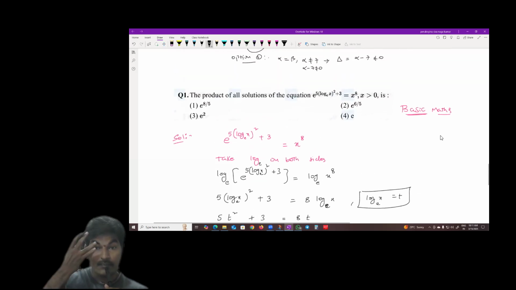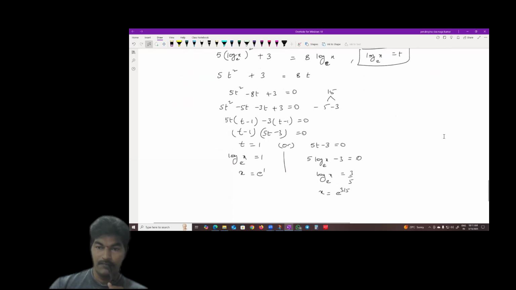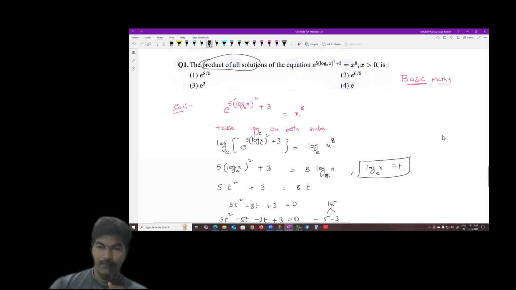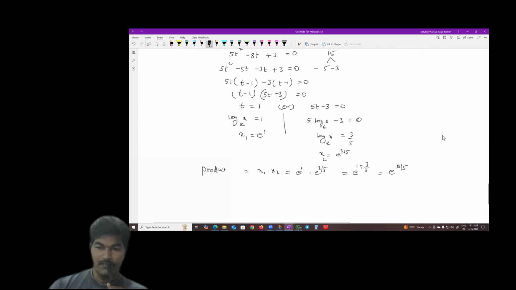What he is asking is the product of all solutions. Let us say this is x1 and x2. He is asking the product, equal to x1 into x2, e power 1 into e power 3 by 5, 1 plus 3 by 5, e power 8 by 5. So e power 8 by 5, the first option is correct for this question.